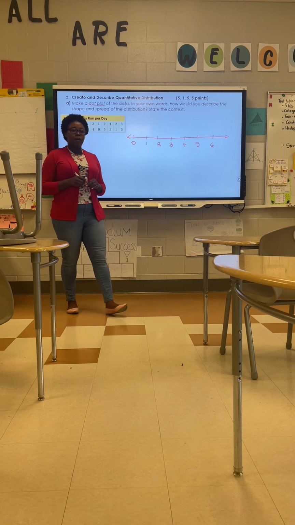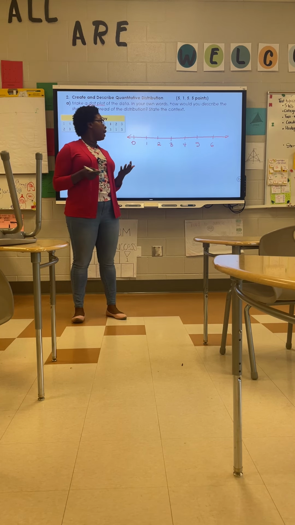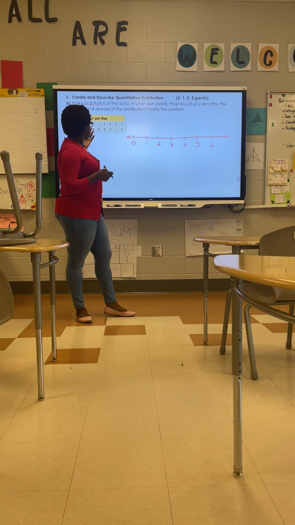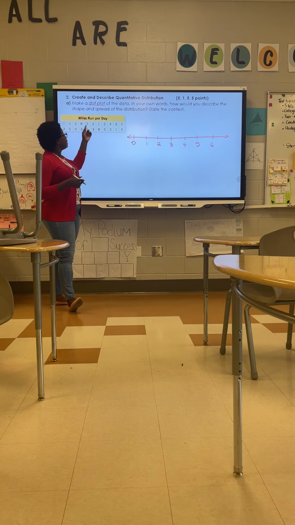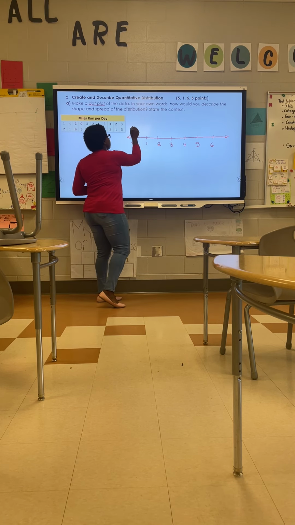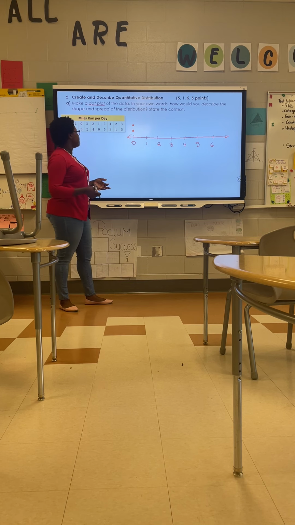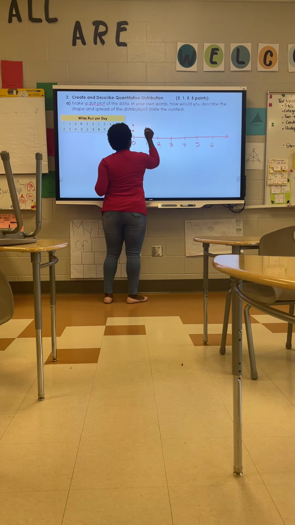For your dot plot, the dots are used to represent the data values. For example, 0 is here twice, so above 0 I'm going to have 2 dots. This tells me what your raw data was. I have 1 appearing 4 times, so above 1 I'll put 4 dots.